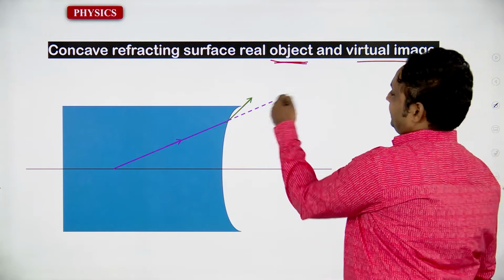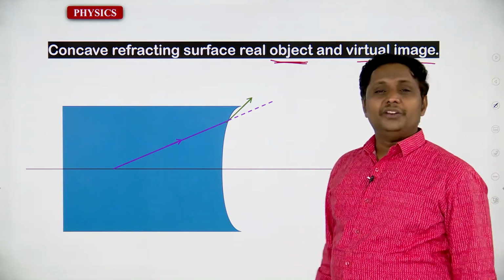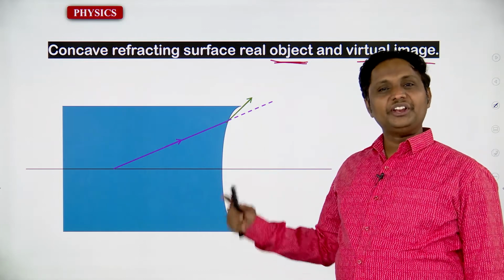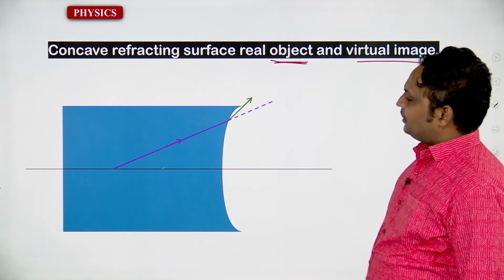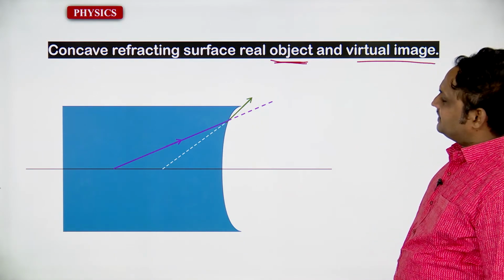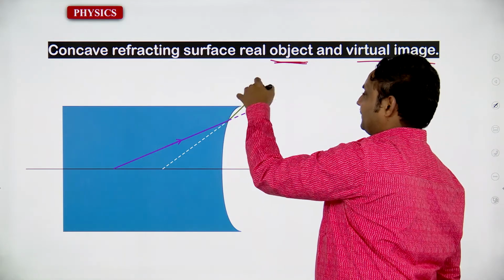You can get this refracted light ray, refracting towards the rarer medium. Now it is identified that the refracted ray has to be in this direction.